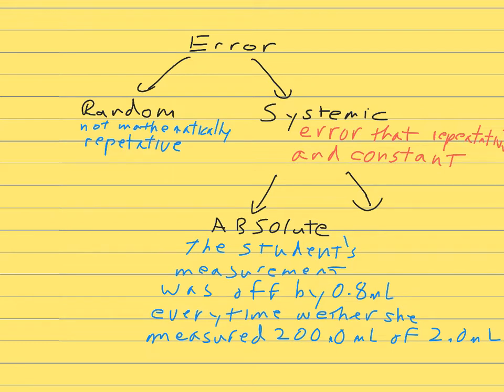When it's a quantity that's always off, we define that as absolute error. In other words, back to our student measuring volume. If every time that student measures a volume, it's always off by 0.8 milliliters, that would be an absolute error. If she measured 200 milliliters, it would be off by 0.8 milliliters. If she measured 2 milliliters, it would be off by 0.8 milliliters. Absolute error is the same value every single time.